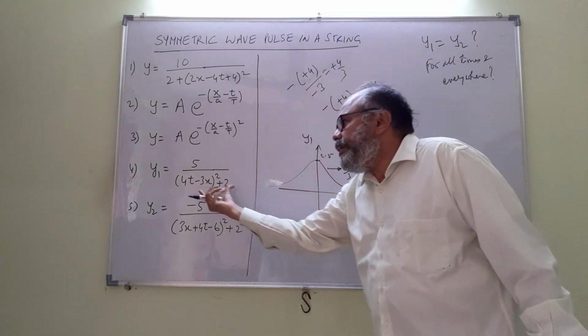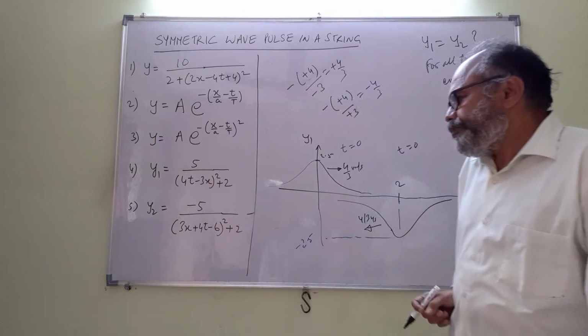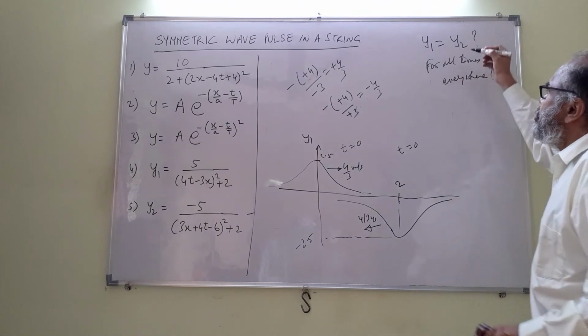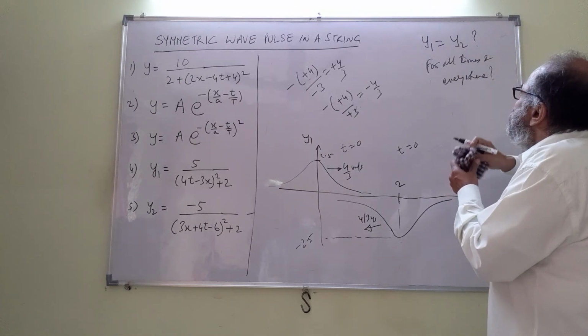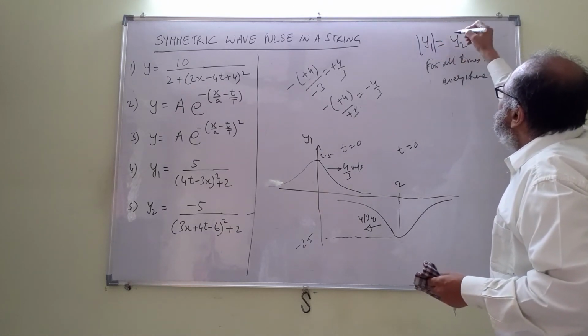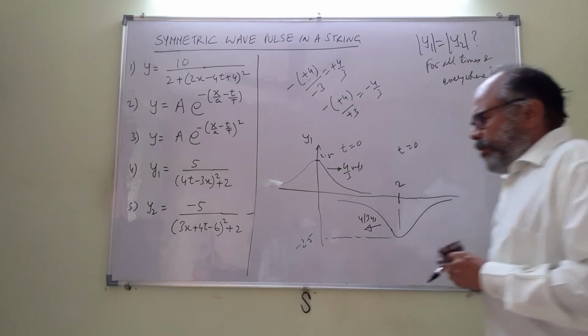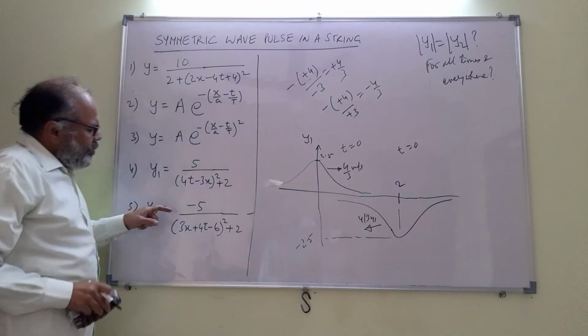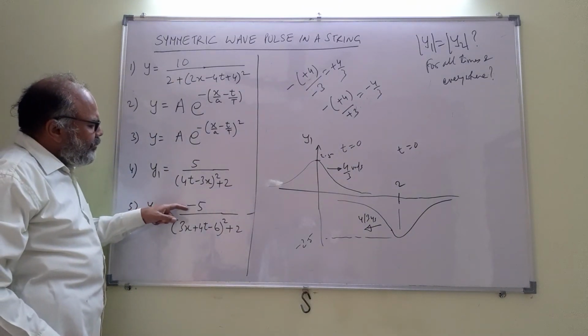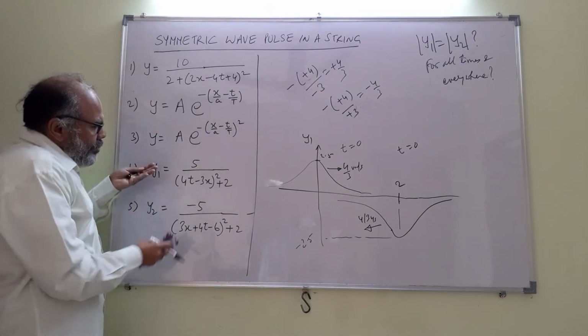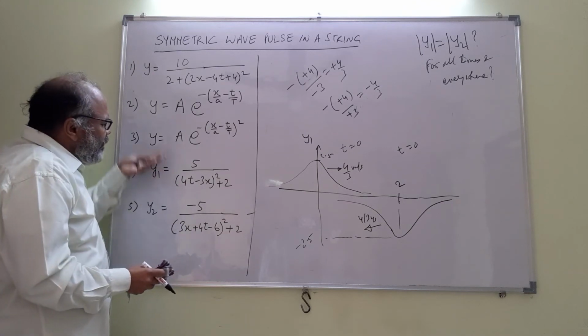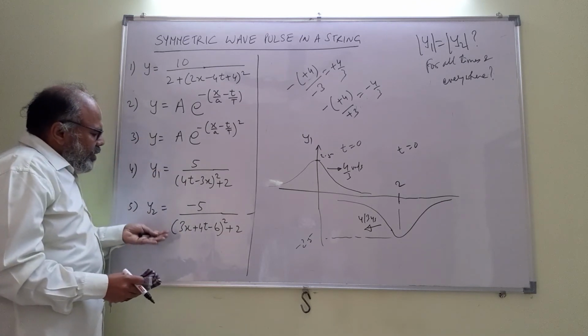If y1 has to cancel y2, that is, y1 equal and opposite, we are saying the magnitude of y1 equals the magnitude of y2 for all times and everywhere. So we will ignore the negative sign, since we know they are on opposite sides. This is above the x-axis, this is below the x-axis.